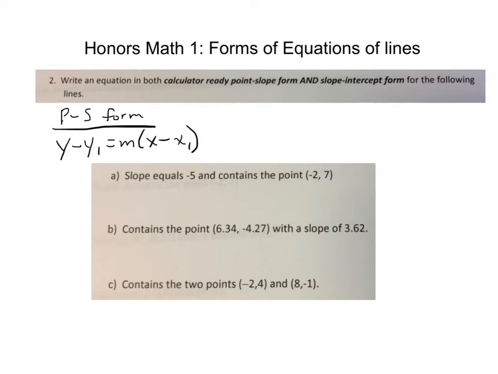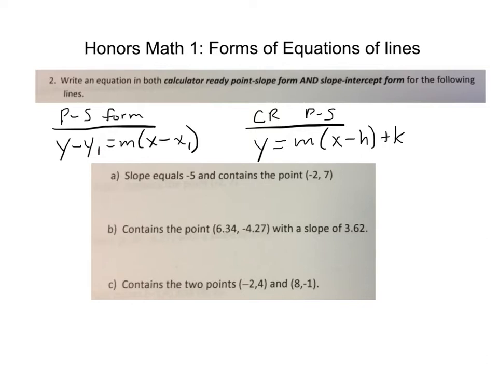Okay. Now what I do for calculator ready point slope form, I write this. So I'm going to put calculator ready point slope. Now you have y equals m times x minus h plus k.